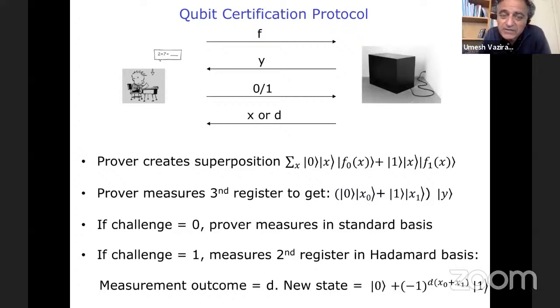It starts with the verifier specifying what F is, giving some description of F. And then the prover responds with a string in the image, Y. The verifier issues one of two challenges: either the verifier asks for a pre-image or an equation.